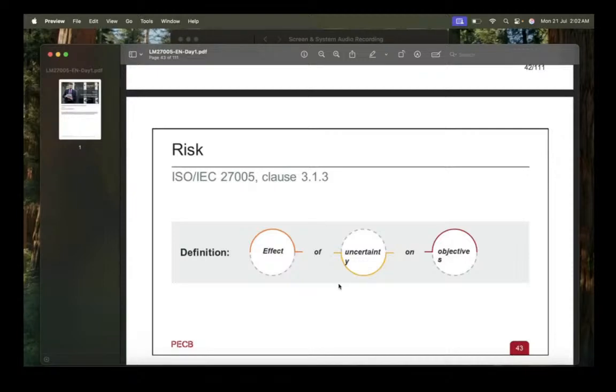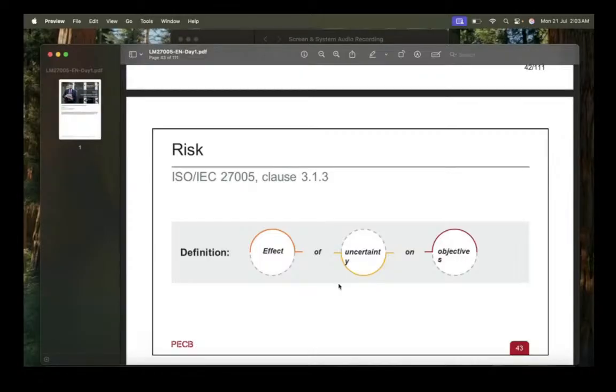So when there is any uncertainty on any objective, like we have seen some examples previously related to data, since we are talking mostly about information security, take the objective, for example, as data. Data is our final main objective here, and there is uncertainty on that, that it is not quite protected, it is not authorized to the required personnel.